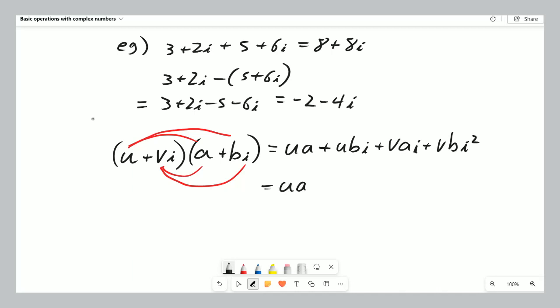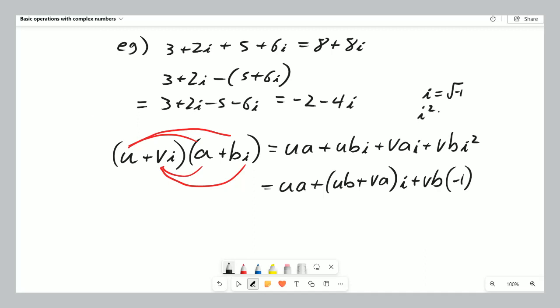Now we can simplify this. ua, just multiplying the two real components. Here we can factor out the i's. So we have ub plus va times i. And then we have these imaginary components multiplied, vb, but we have this i squared. Now what's i squared? That's negative 1. Because remember, i is the square root of negative 1.